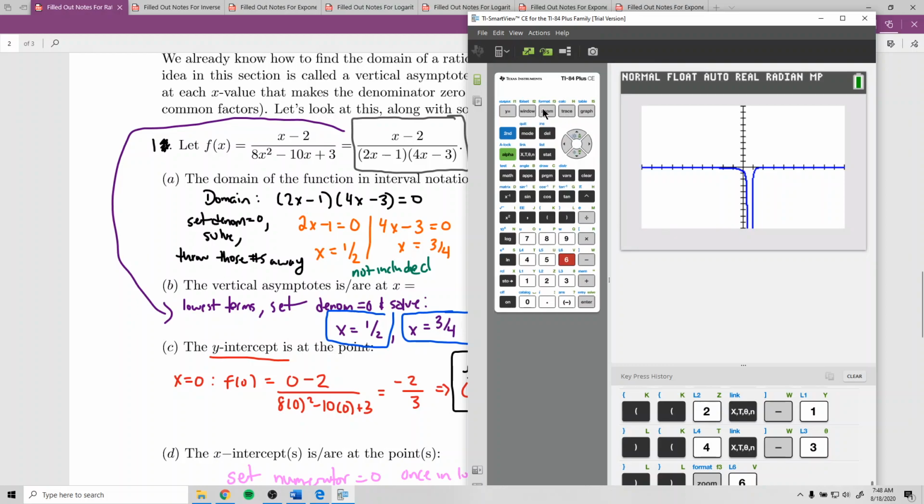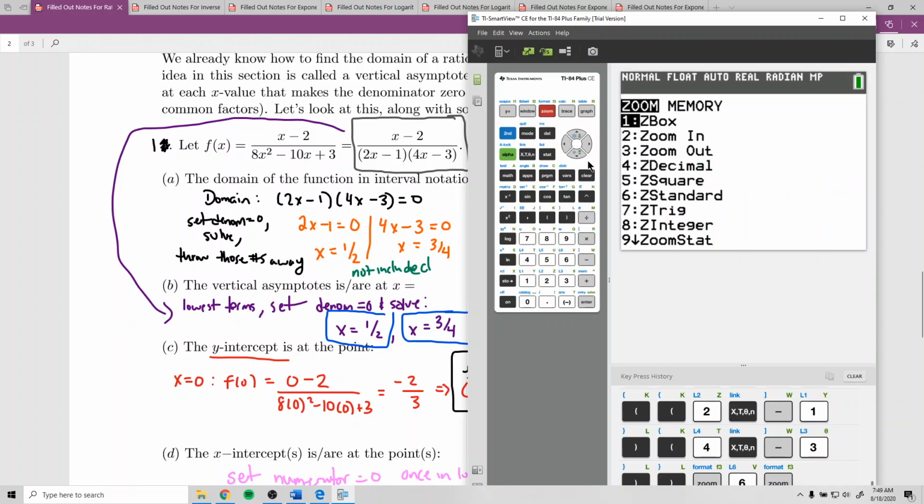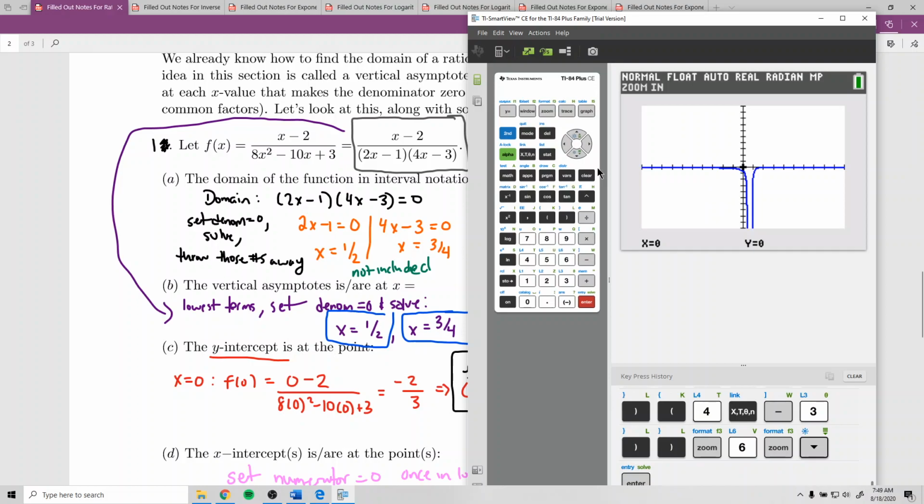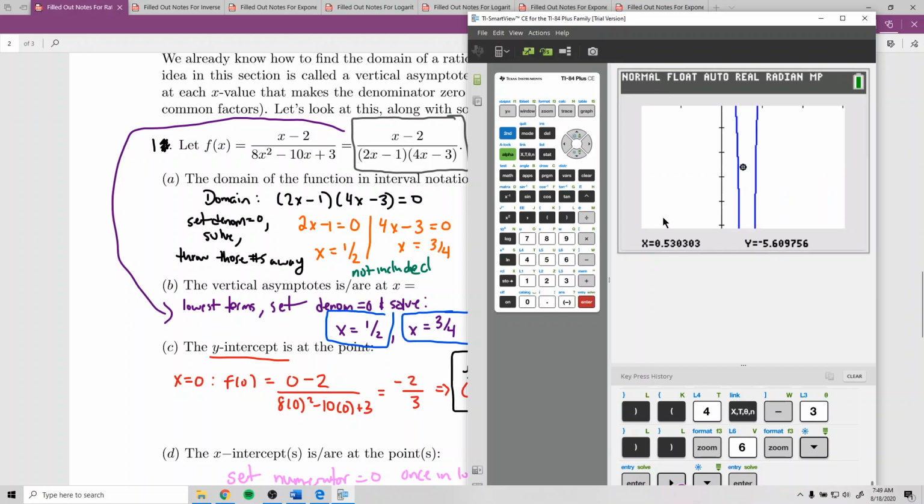Now, what's happening here is there's a vertical asymptote because of the way the graph shoots off. I'm going to zoom in a little bit. And what is happening here is where this graph gets really vertical.